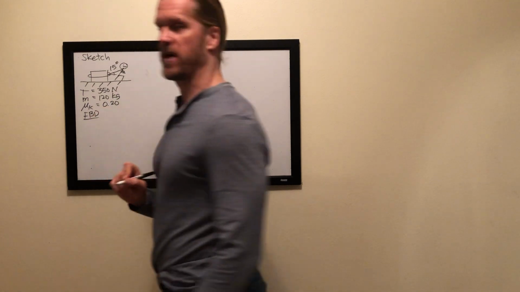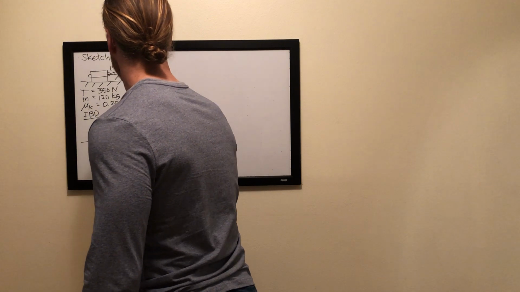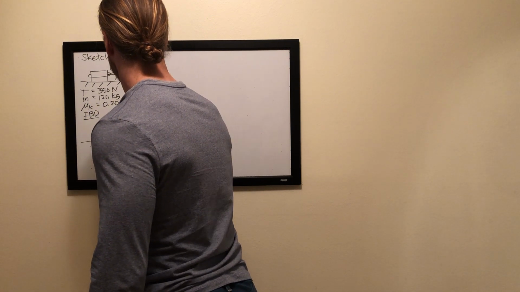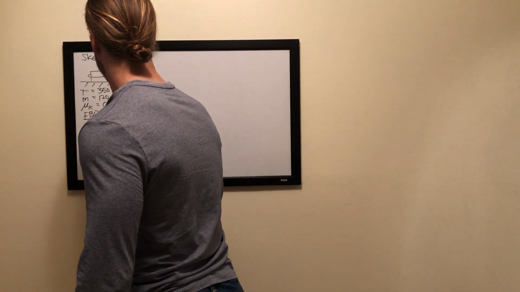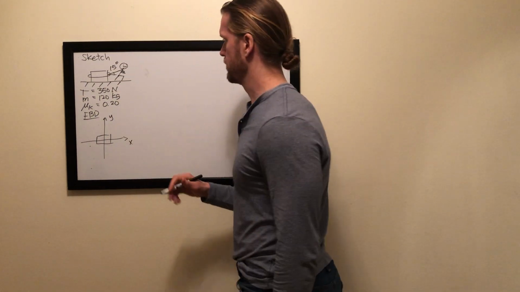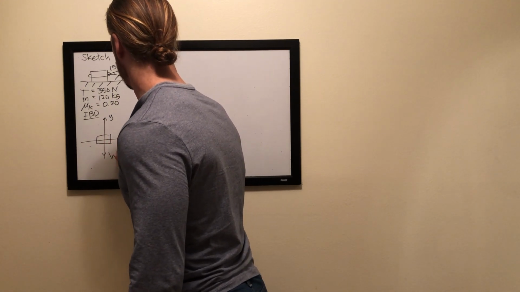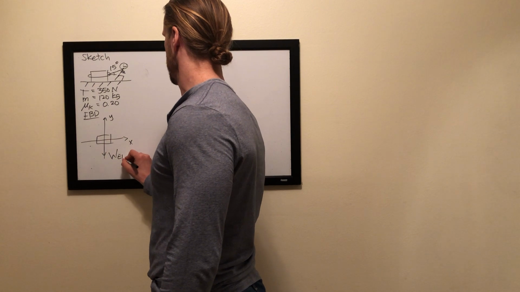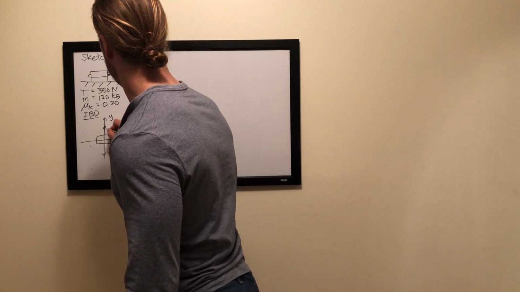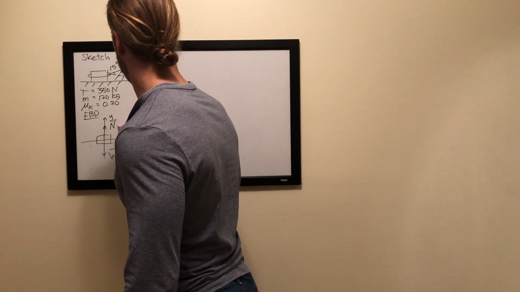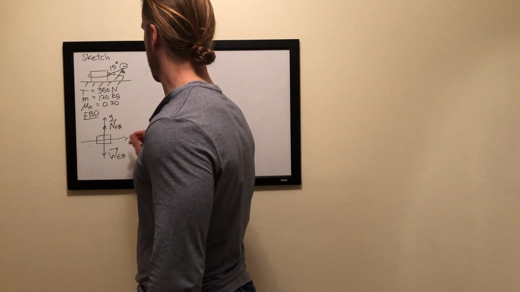So let's draw the free body diagram. Standard horizontal vertical coordinate system. The box is our object of interest. We have gravity of the earth on the box. We've got the normal force of the floor on the box.